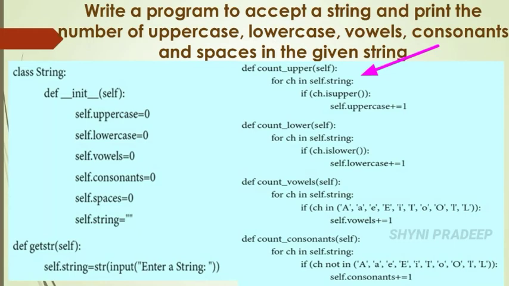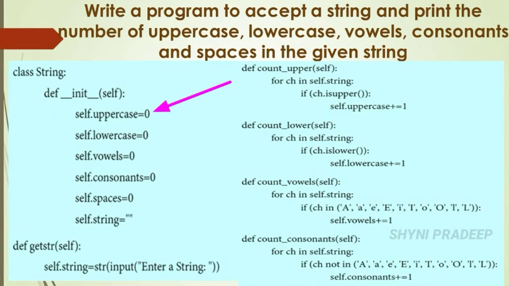If there is an uppercase letter in the given string, execute the next statement, self dot uppercase plus is equal to 1, which means self dot uppercase is equal to self dot uppercase plus 1. Okay, which means increase the value of self dot uppercase. What is the initial value of self dot uppercase? 0. If an uppercase letter is available in the given string, this value will be increased by 1.